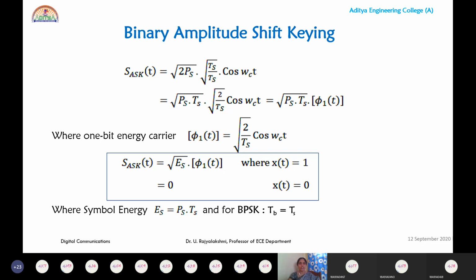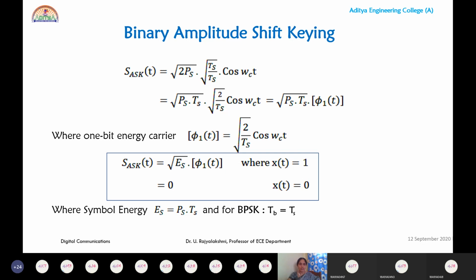We will get 2 energy carriers, phi1 of t and phi2 of t, if we transmit 2 data bits per symbol. For example, if we transmit 3 data bits per symbol, then we'll have 3 energy carriers.